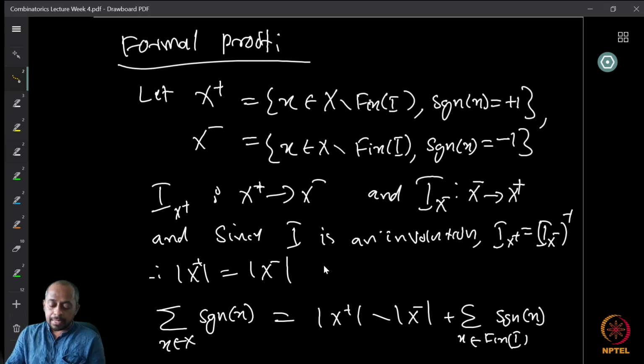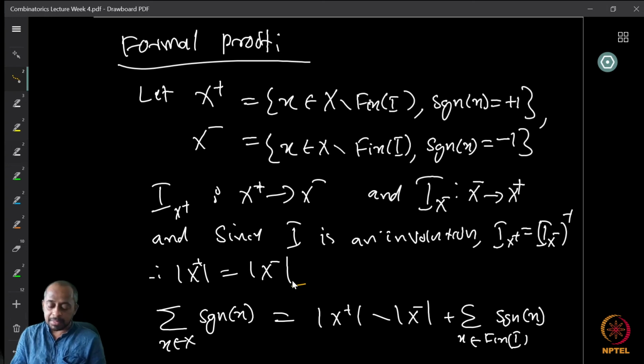Now we know that I is an involution, therefore it's a bijection. So I restricted to X plus must be I restricted to X minus inverse, and vice versa. Because this is a bijection, the function going from X plus to X minus is a bijection.